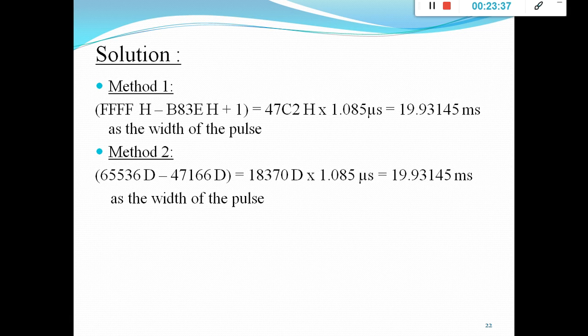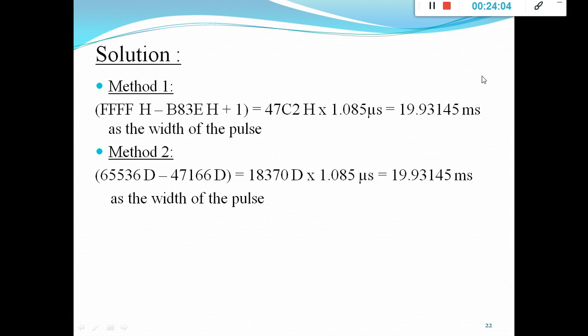So let us multiply 19.93145 by 2, and you get 39.8629 milliseconds as the entire period. When you calculate for both methods, you get the same value. So the entire period of this program is 39.8629 milliseconds.